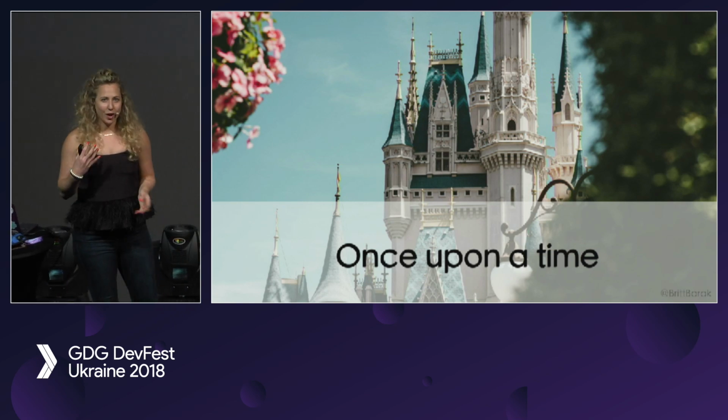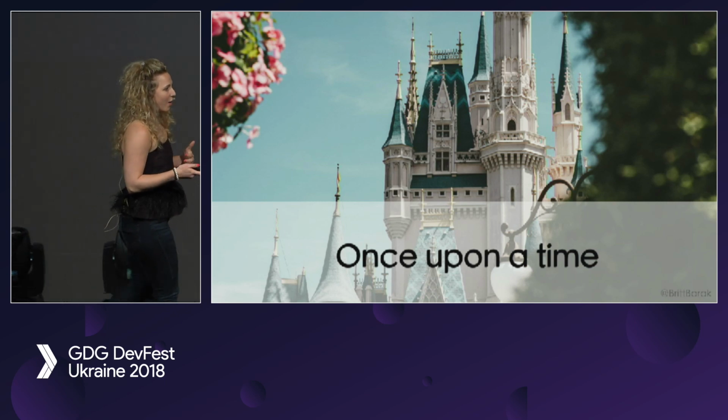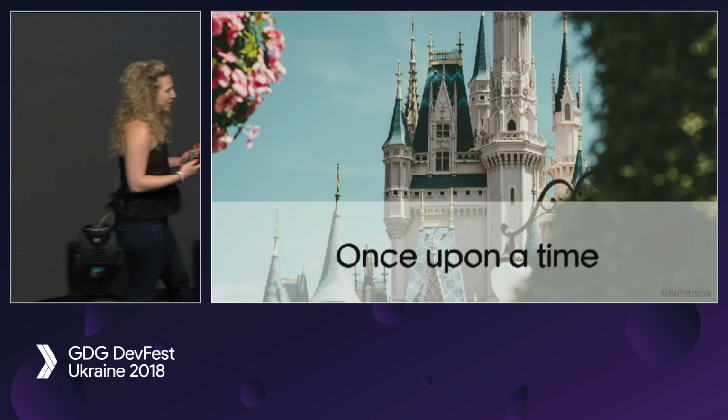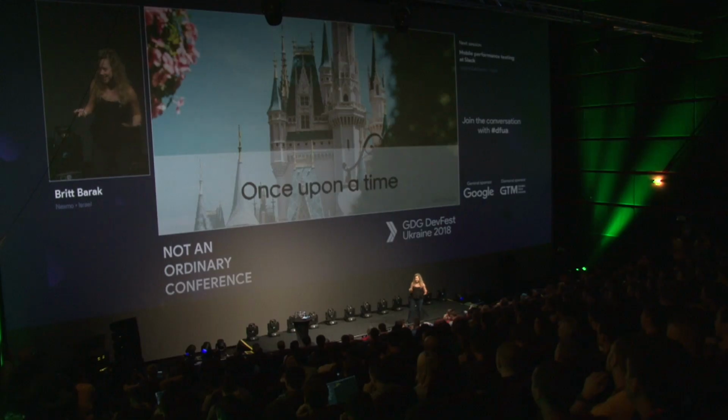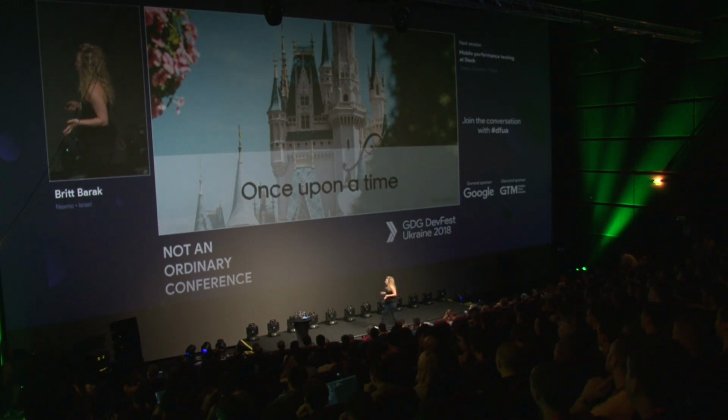Today I'm here to talk a little bit about what it means and how we can actually use ML in our app very easily and nicely and in a very useful way.